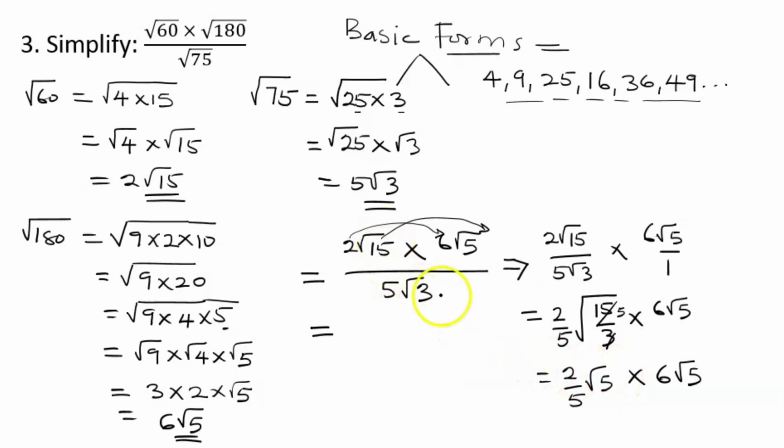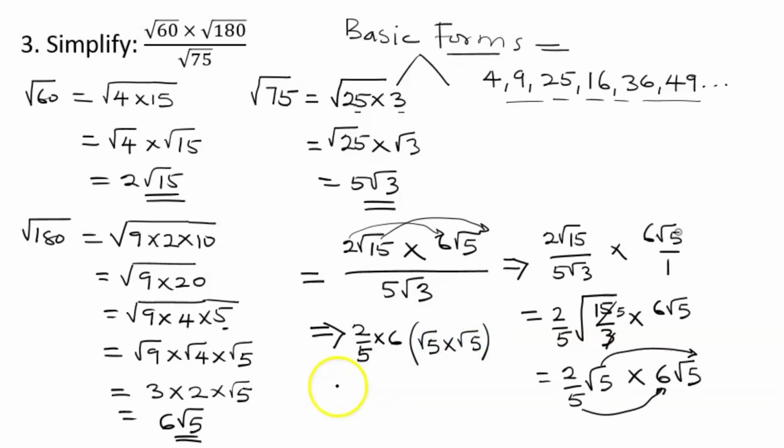There's something I wanted to do here before, but let's just go with this approach. Once this is done, this 2 over 5 is still going to multiply 6, and root 5 and root 5 are also going to multiply one another. So let's come down here: we have 2 over 5 multiplied by 6, then we also have root 5 multiplied by root 5.